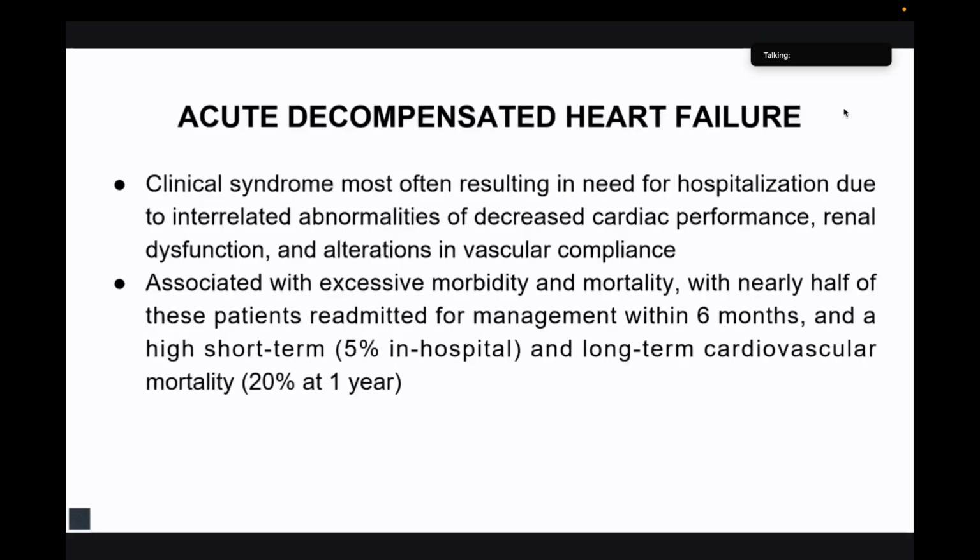Acute decompensated heart failure is associated with excessive morbidity and mortality, with nearly half of these patients readmitted for management within 6 months and have a high short-term and long-term cardiovascular mortality.